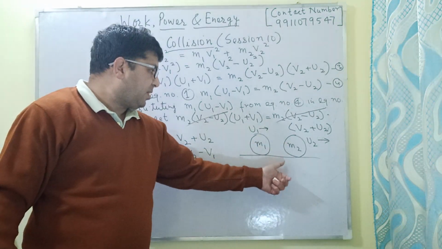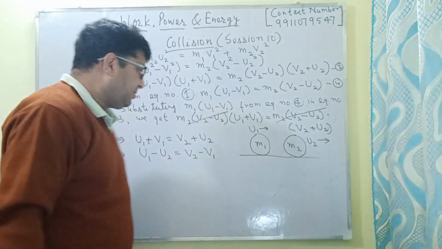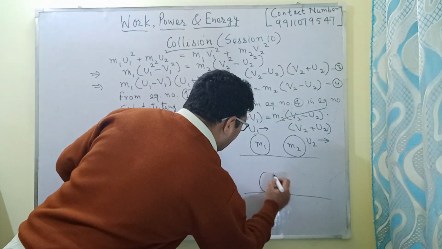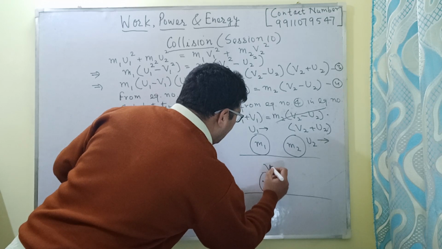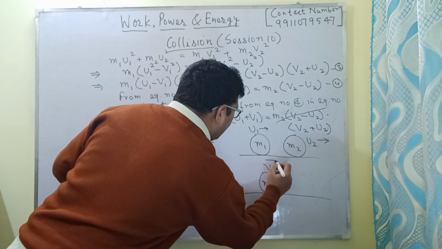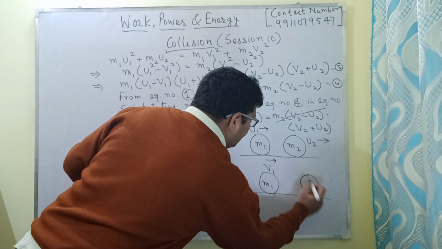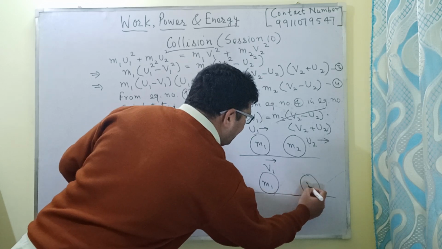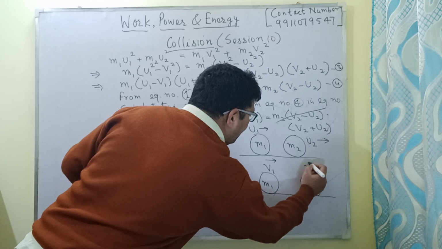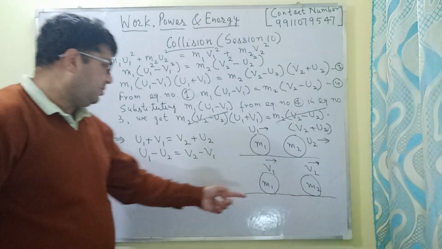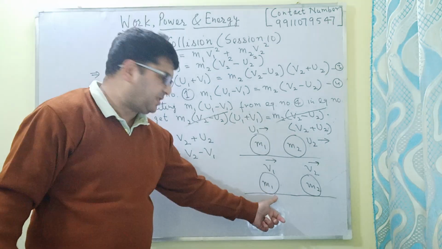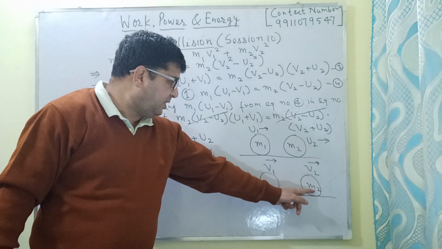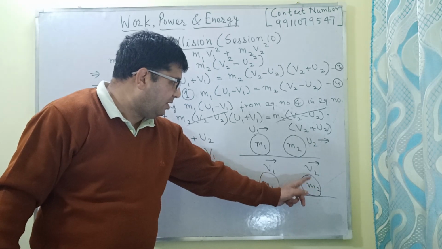This is before the collision, and after the collision, v1 is the velocity of this body of mass m1, and v2 is the velocity of the body of mass m2 after the collision.